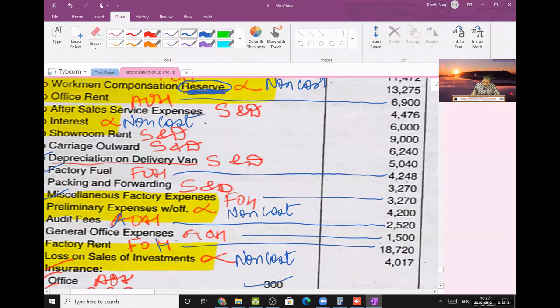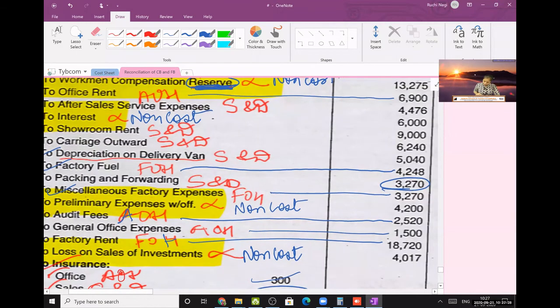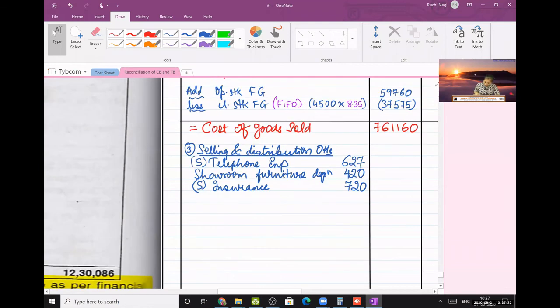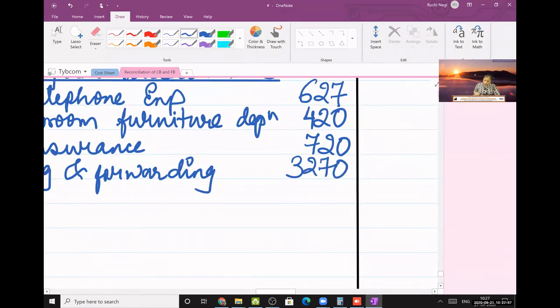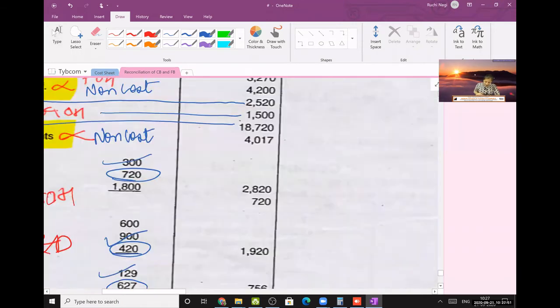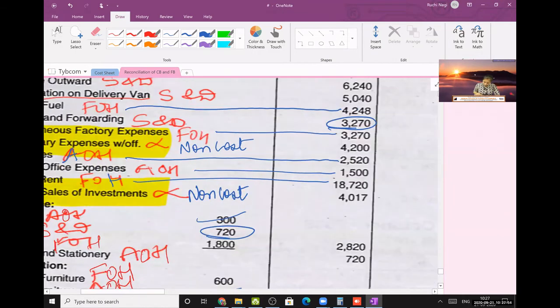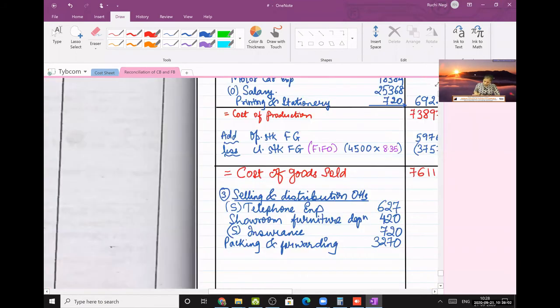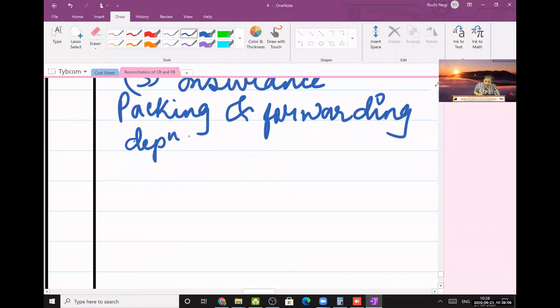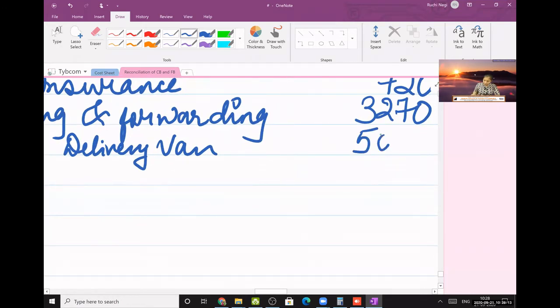Packing and forwarding 3270. Next, depreciation on delivery van 5040 and carriage outward 6240.